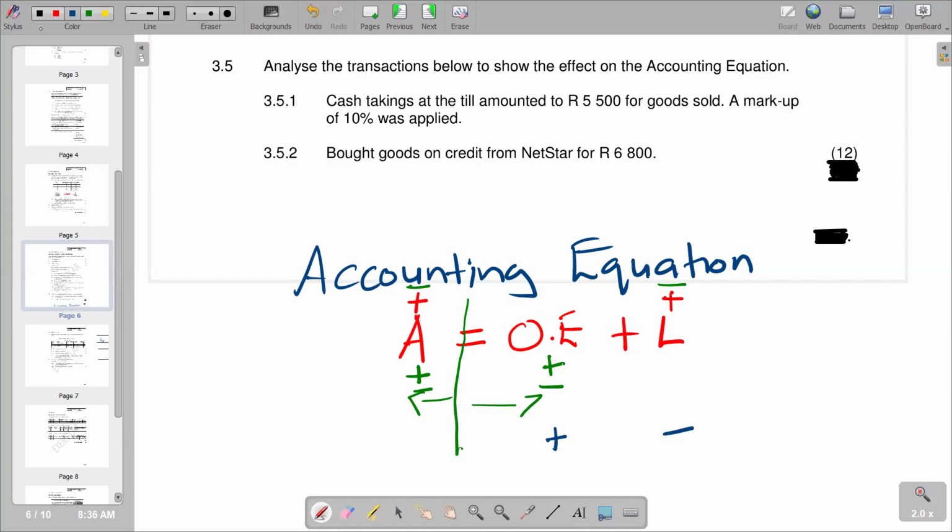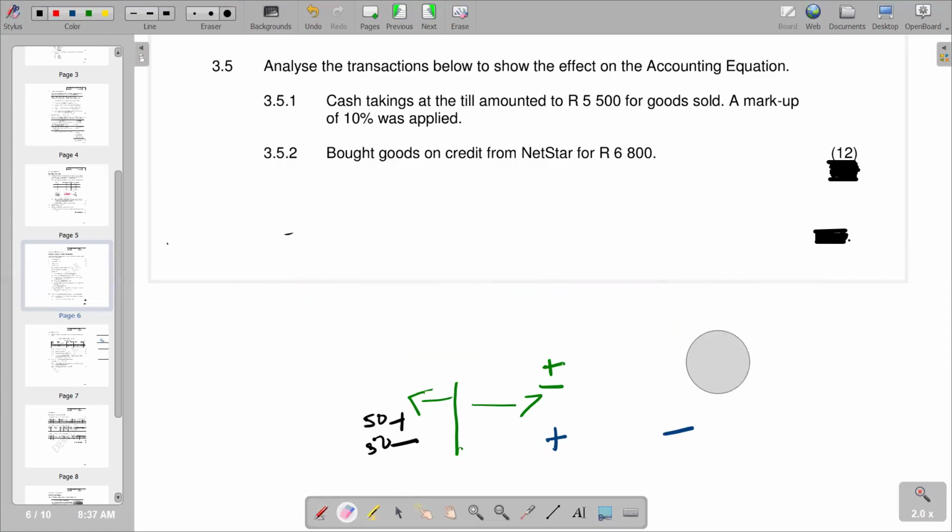In that case, you should notice a plus and a minus on the two entries, so that the total does not change on the side of assets and remains the same as the total on the other side of owner's equity plus liabilities. By having a plus and a minus, we add and then subtract, which means you come back to the same position. For example, if we have an amount of 100, plus and minus 50 brings us back to 100. So this is the representation of the accounting equation.